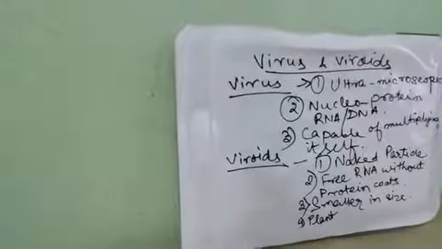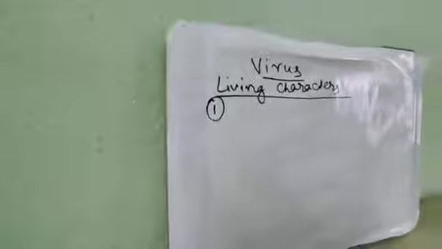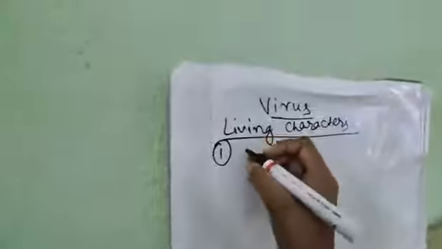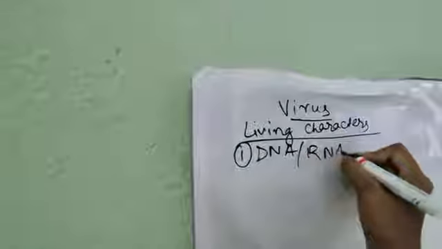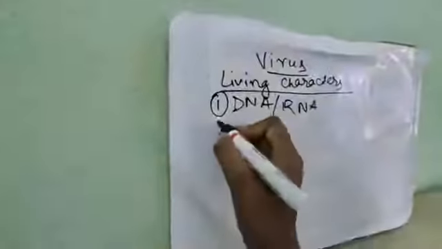Now we will move on to the next topic: the living and non-living characteristics of viruses. There are 3 living characteristics of virus. First, presence of nucleoprotein, that means presence of DNA or RNA, obviously, because DNA and RNA are generally found in living organisms, not in non-living ones.